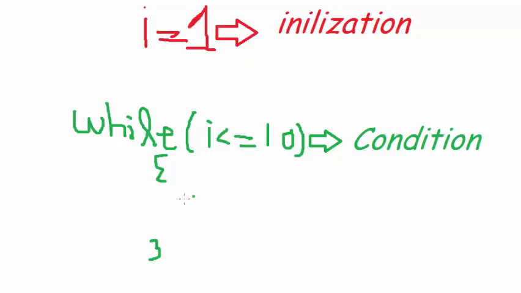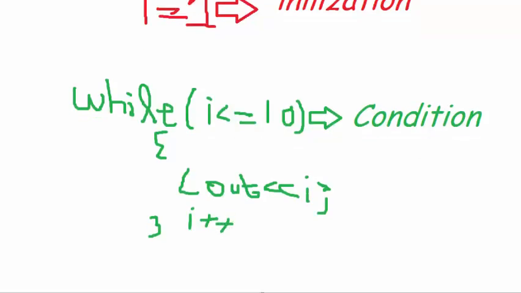Initialization done, condition done, and let's write cout i; semicolon, i plus plus. Sorry for this bad writing, but I just wanted to make you understand how it's working.